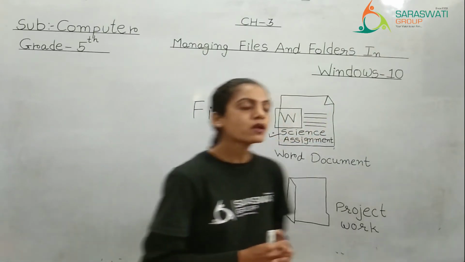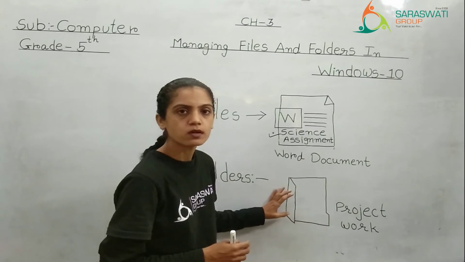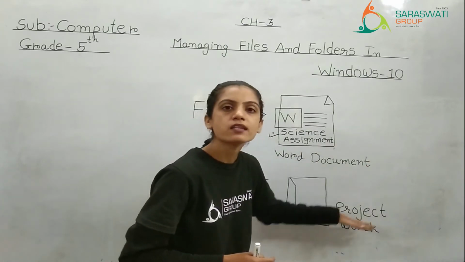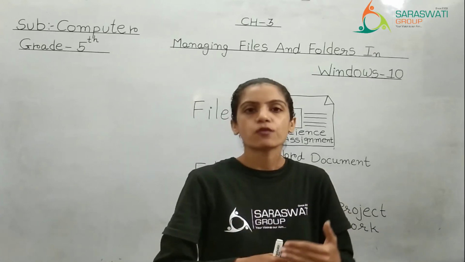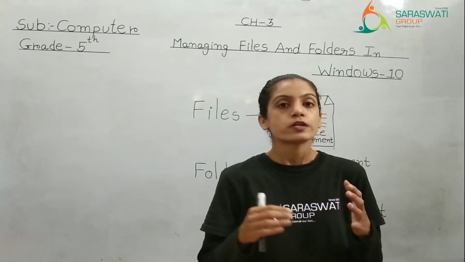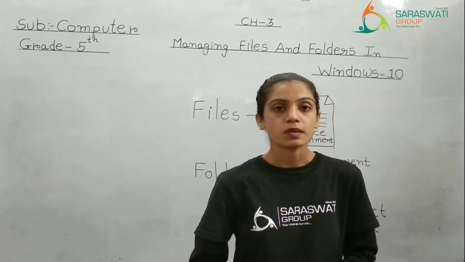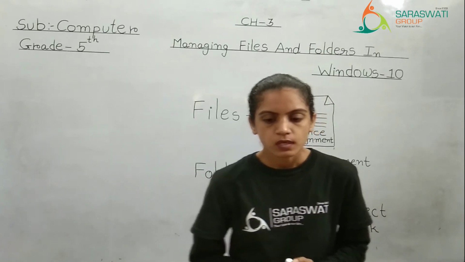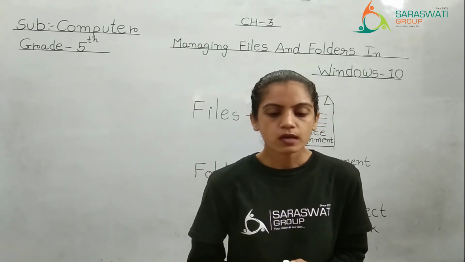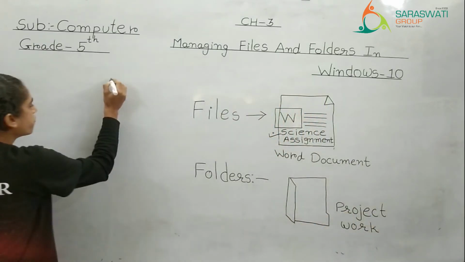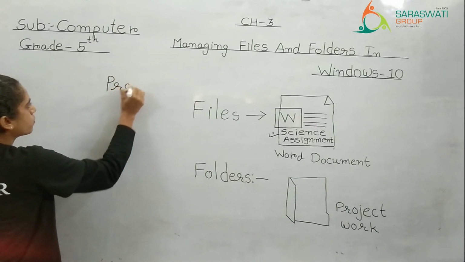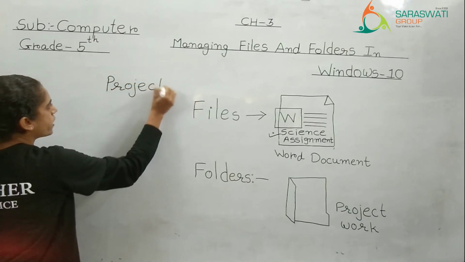Right? It is not that you can make only one folder, but you can also make a folder inside a folder. एक folder के अंदर दूसरा folder भी आप बना सकते हो. So it is a collection of files or maybe subfolders. A folder within a folder is called a subfolder. Suppose you have made one folder called project work, or project.